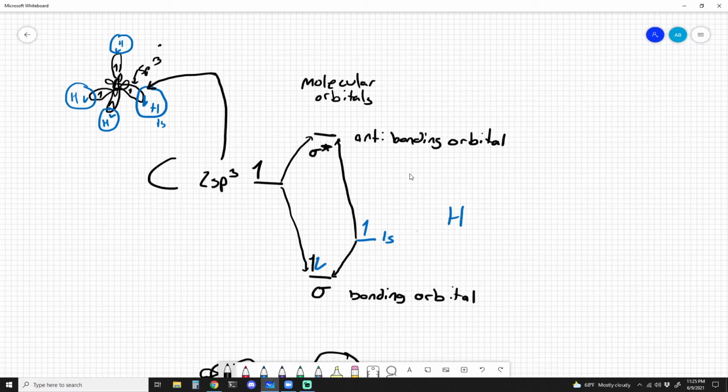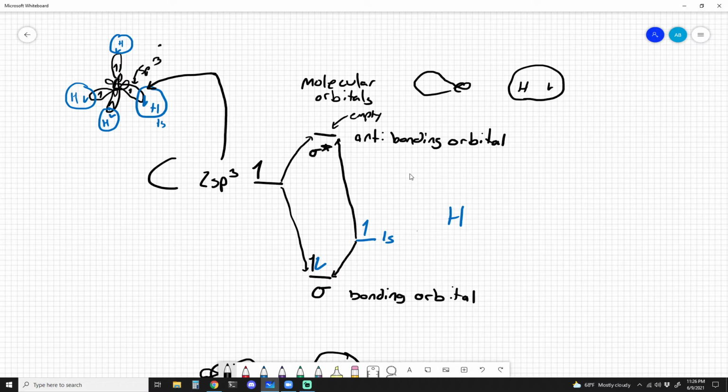The anti-bonding orbital, which is a little higher in energy, so we'll draw it up here, is kind of the opposite, right? The electrons, if there were any, but we can see here this is empty, would be placed in an orbital that's away from the direct line between the two atoms. Same thing with the 1s orbital.